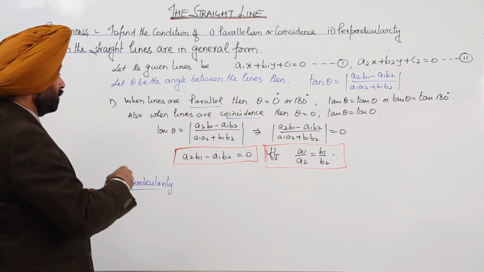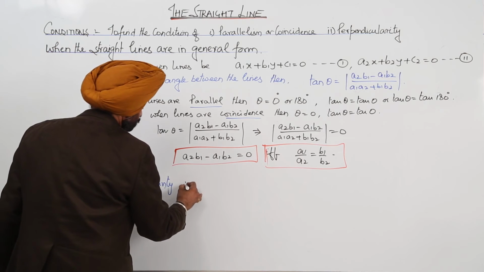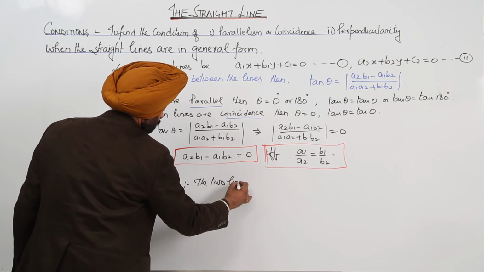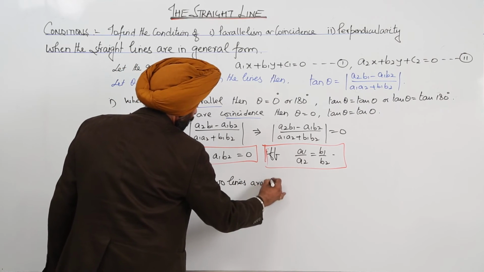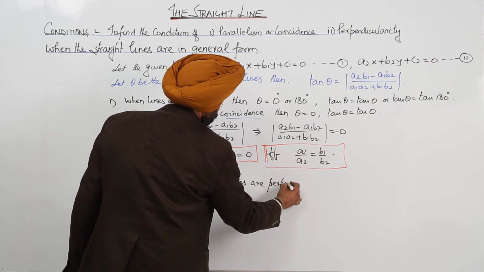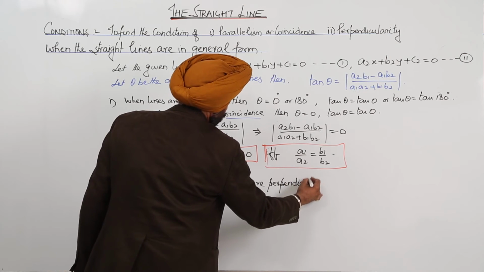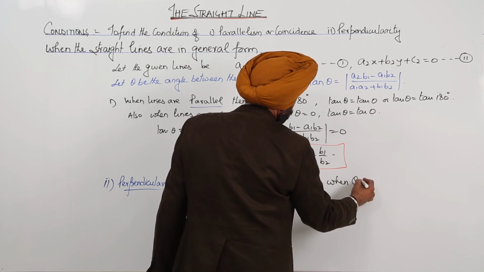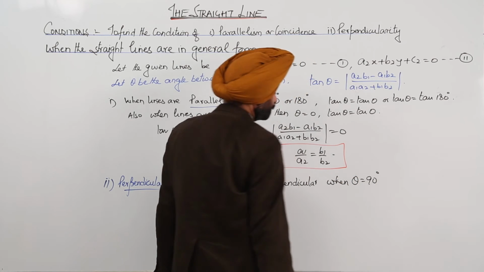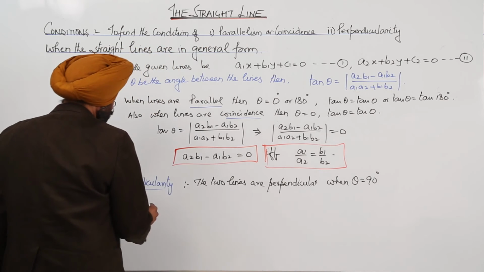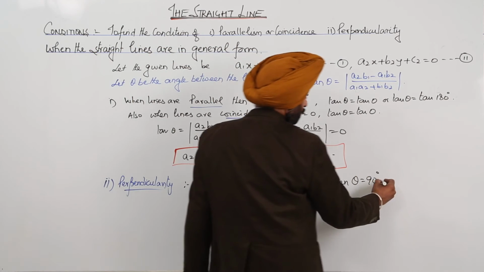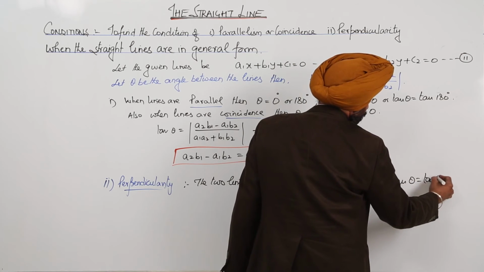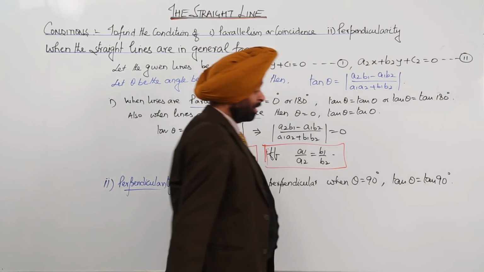Now for the perpendicularity, the two lines are perpendicular when theta is equal to 90 degrees. Okay. Now tan theta is equal to tan 90 degrees.